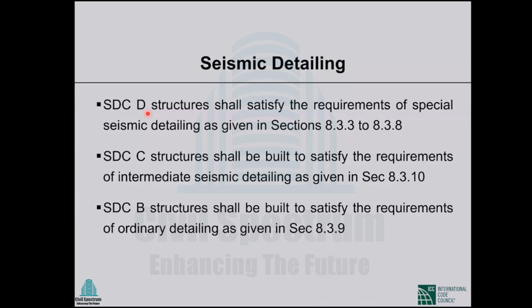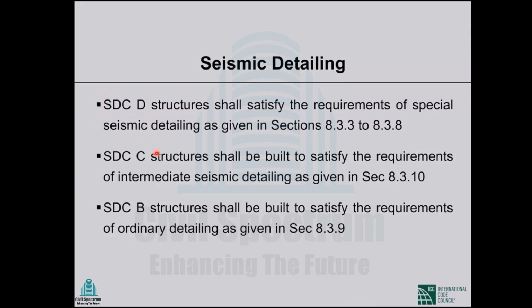The details of the hooks mentioned in these sections are related to seismic design category. So seismic design category is very important.